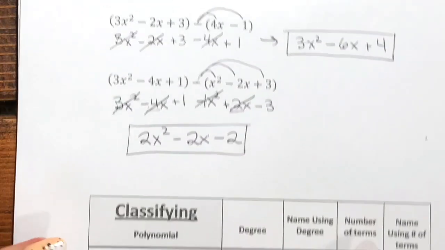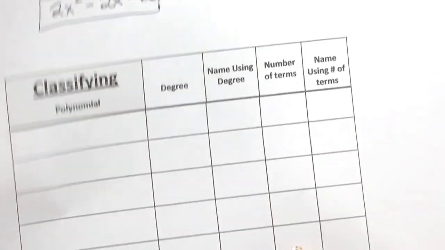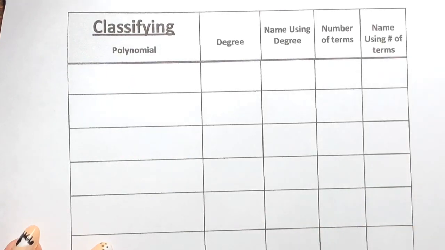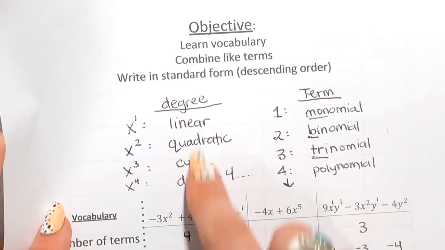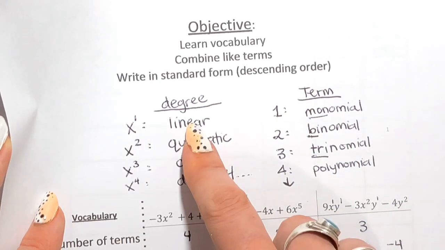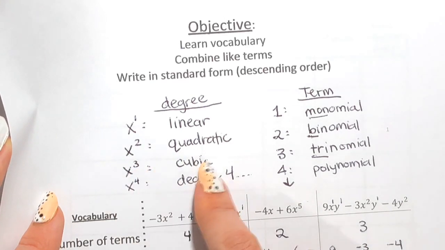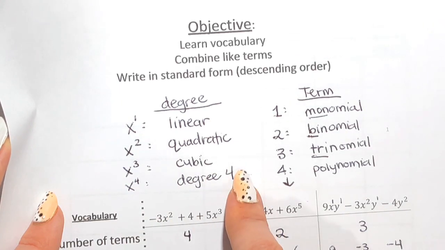Okay, the last little part I want to do is just practice using those classification names that we talked about at the beginning. So these terms right here where you classify it by degree and then by the number of terms. So remember, if it's a degree 1, we call it linear, degree 2 is quadratic, degree 3 is cubic, and then anything bigger than a 4 we just call degree and then whatever the number is.